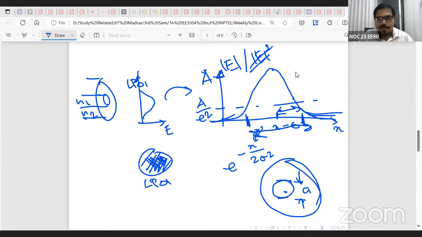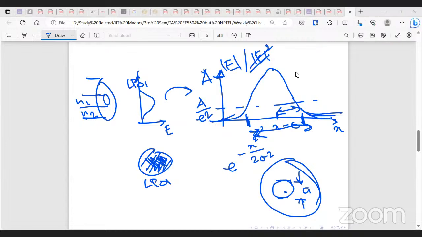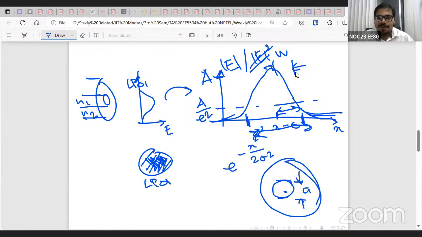Spot size means this only. Where does it fall to? 1 by e squared. Yes. So this will be W, and the mode field diameter will be 2W.